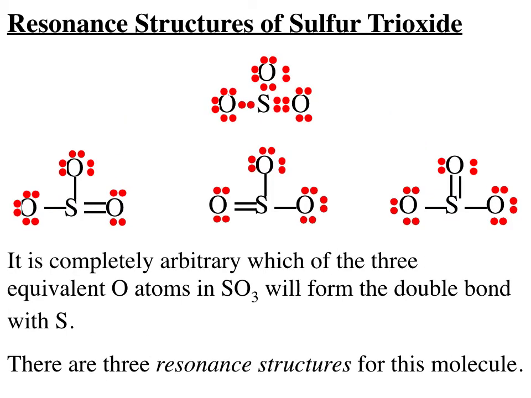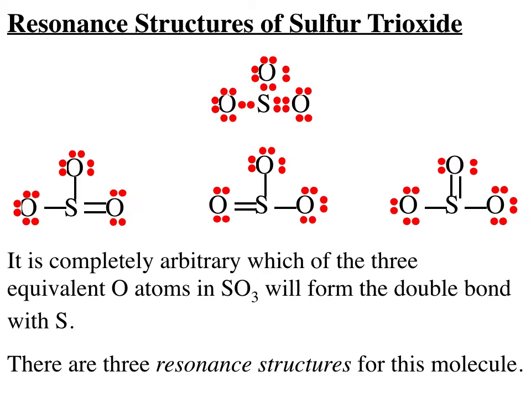So what I am showing on this slide is the Lewis dot structure of the three so-called resonance structures of sulfur trioxide. The top complete dot picture is the one that I showed correctly built from the previous slide.